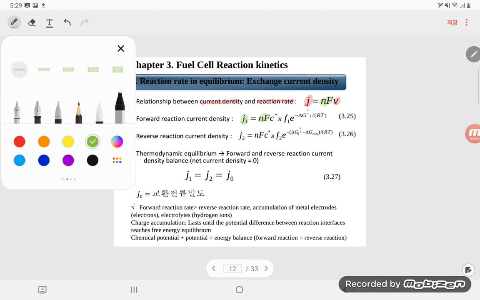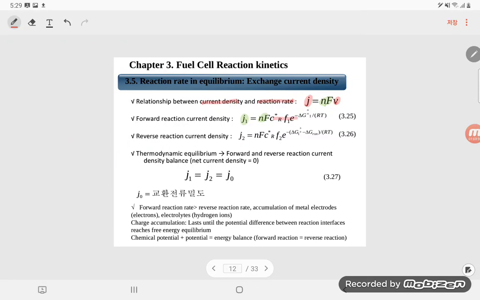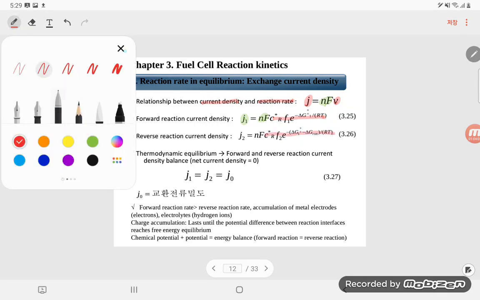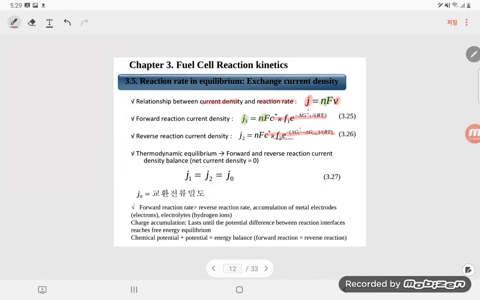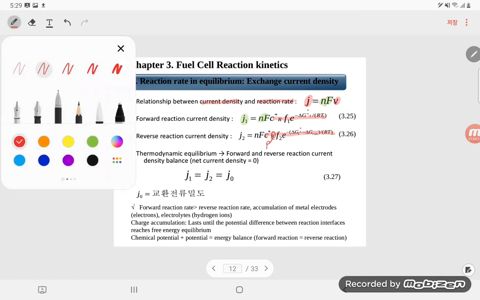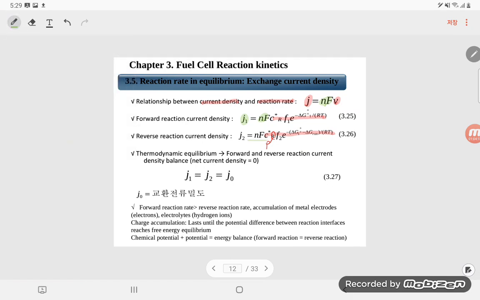The other one is the same; here there is a typo, it should be C product. And also for J2, if we multiply by nF, we can convert it to the current density.